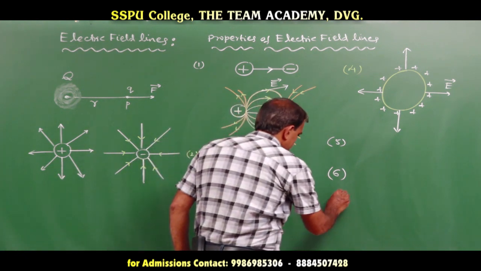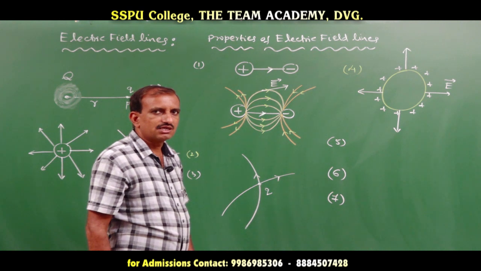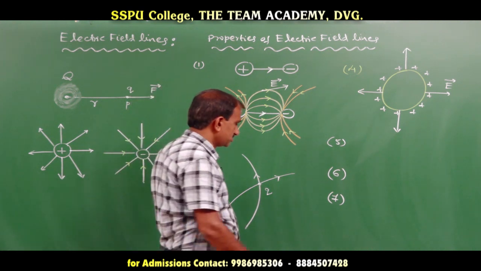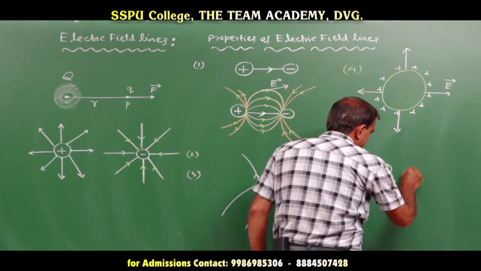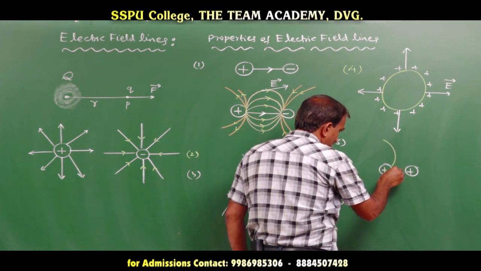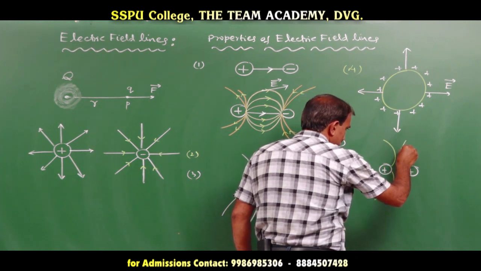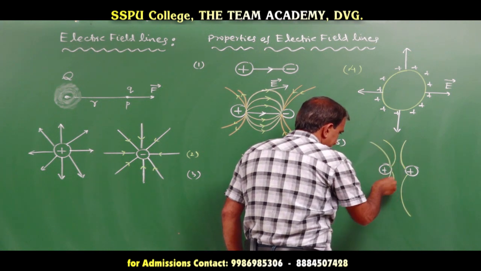The next one: electric field lines exert a lateral pressure on each other. For example, for a positive charge and another positive charge, the electric field lines exert lateral pressure on each other, which signifies that like charges repel each other.